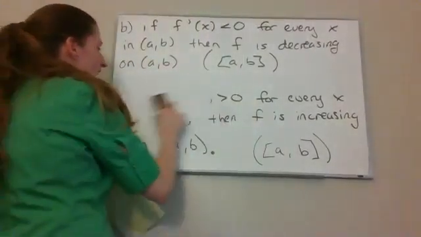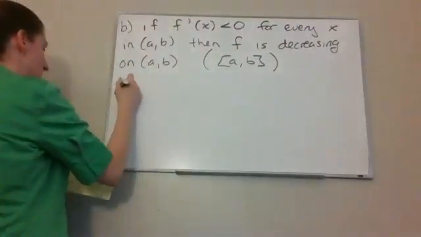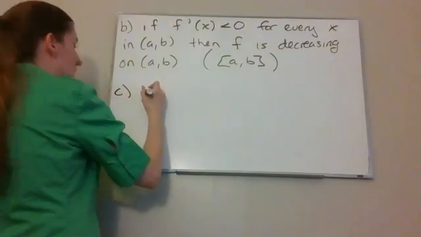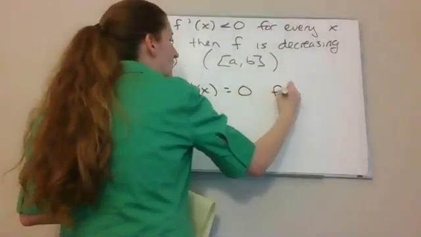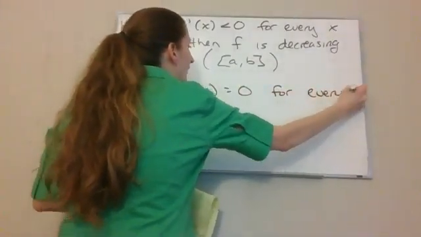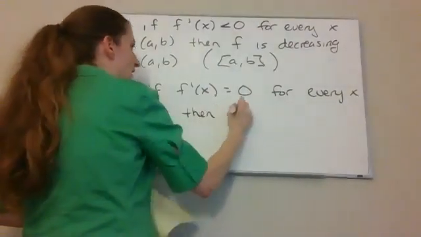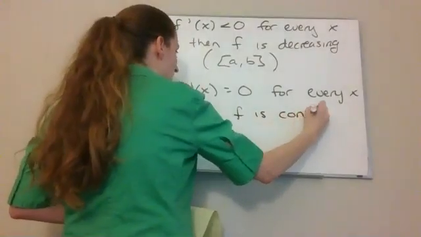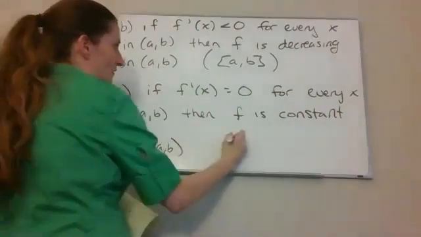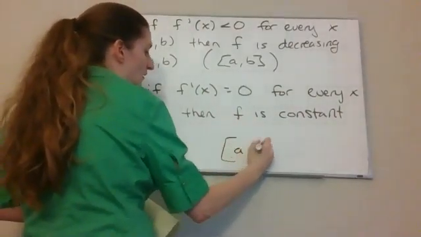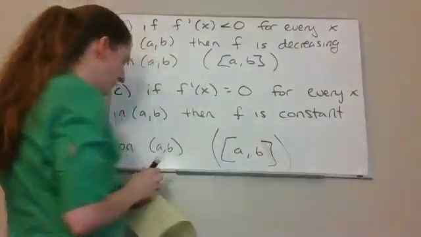And part C is for where the function is constant. If the derivative is exactly equal to 0 for every x in (a, b), then f is constant on (a, b), or [a, b] in closed brackets.